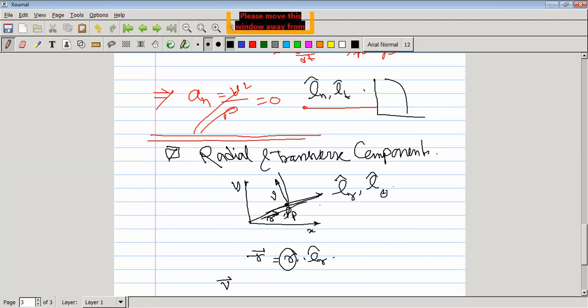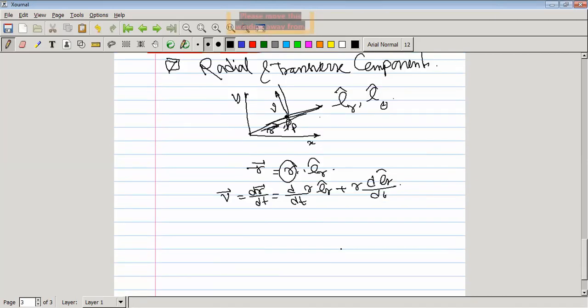And what is the velocity? How can we define the velocity? It is nothing but the derivative of this position vector. So it is d by dt of r er plus r der by dt, simply the derivative of these two. And der by dt we can write as theta dot e theta.